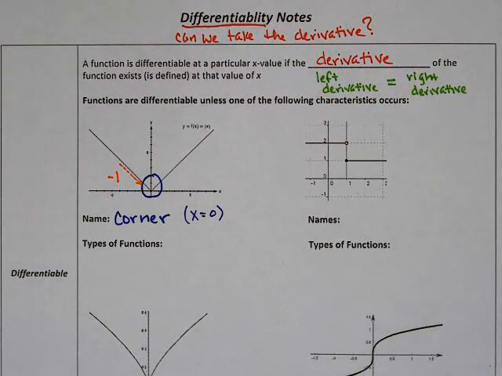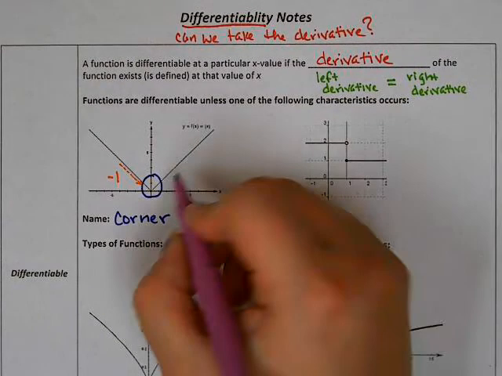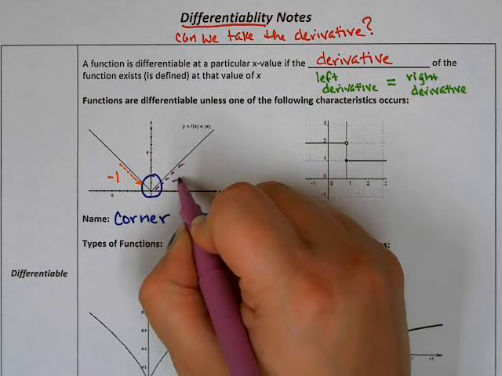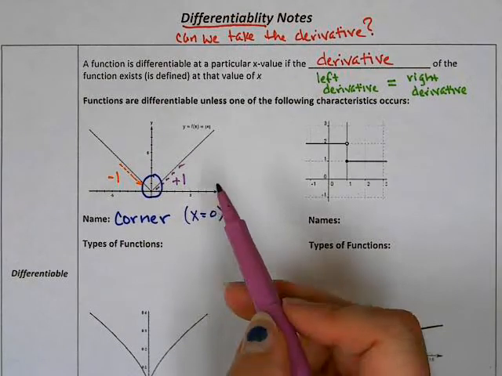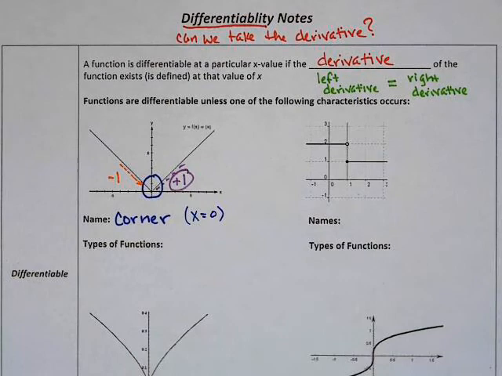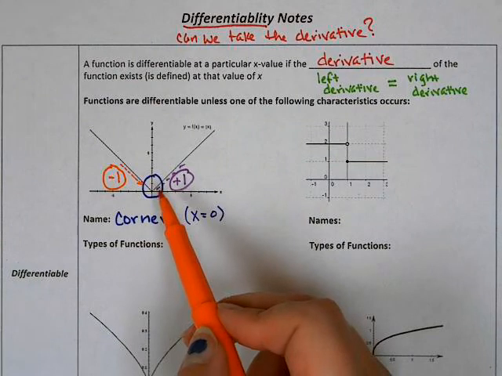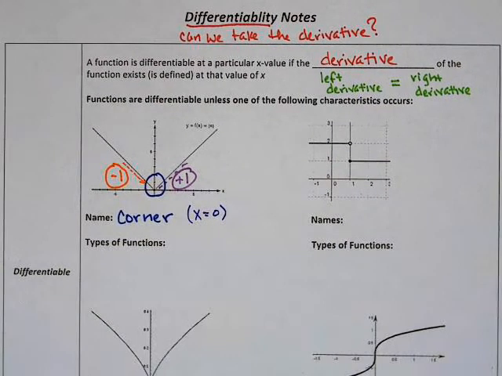When we look at the other side then, the slope of this line is actually +1, which means that the derivative on the right side is +1. Since those derivatives do not equal each other, the derivative at 0 doesn't actually exist. Okay, so that's what we mean when we say it's not differentiable. The left and the right derivatives don't actually equal each other.